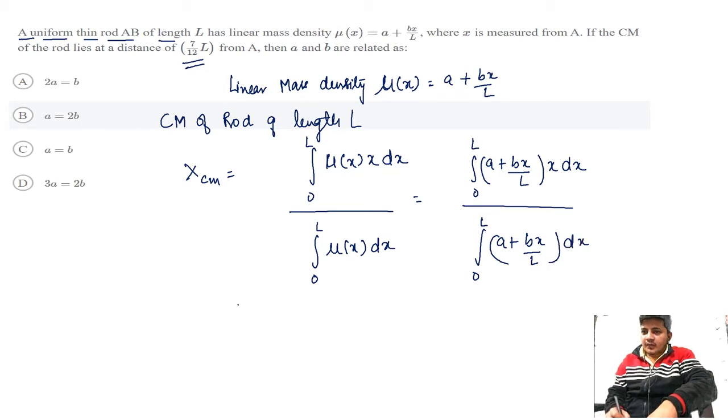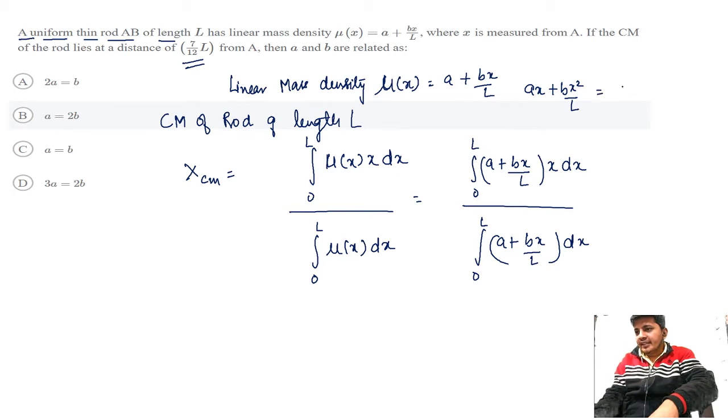So by integrating both numerator and denominator, how will we integrate? First of all, we have to multiply this x with this. So we would get ax plus bx square by L, and we have to integrate this term.